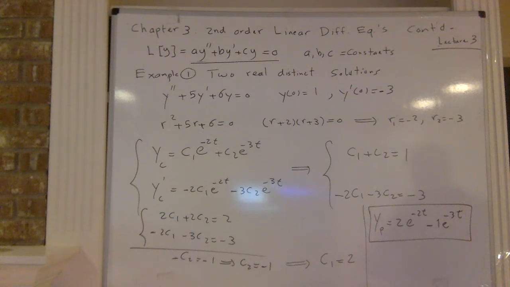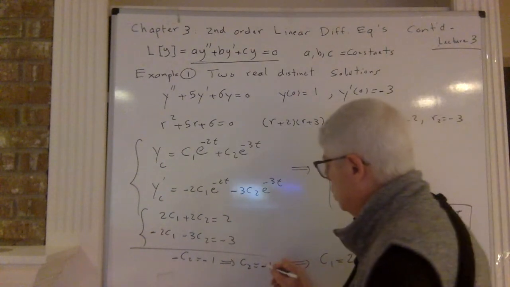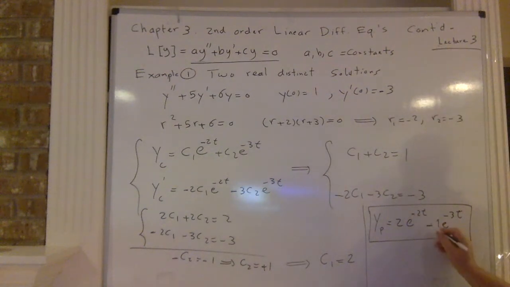Let me double check. 2 and 3, that's correct. Then the derivative is minus 2 times 2, minus 3 times c2, and I multiply that. Oh, c2 is 1, so this is plus 1. Right. It's good to check so you haven't made any mistakes.